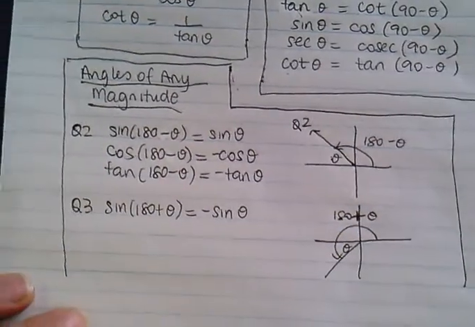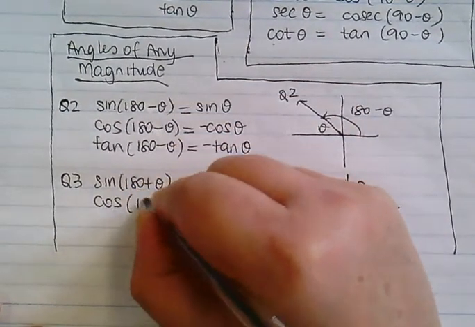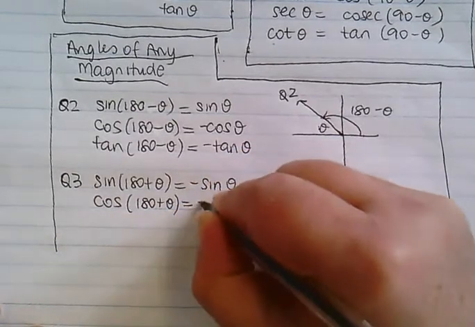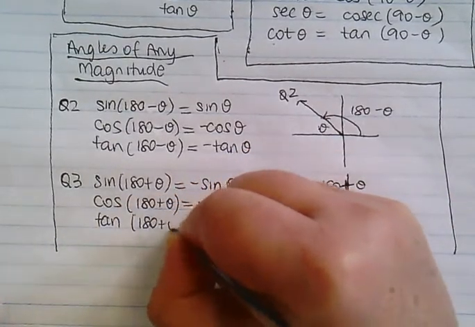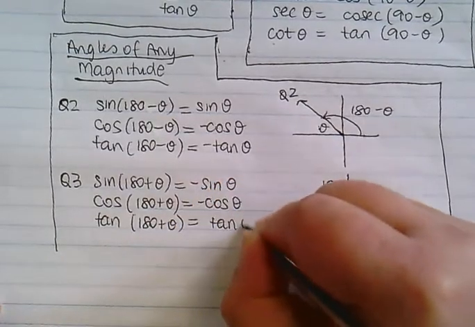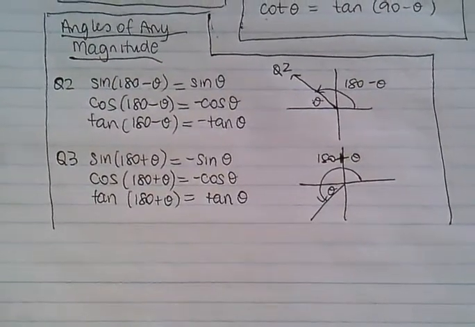The related angle in that quadrant is theta. Cos is also negative in quadrant 2, and tan is positive in quadrant 2.